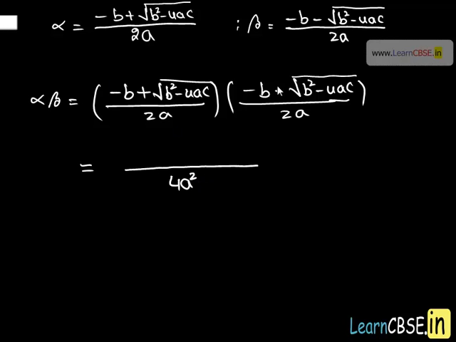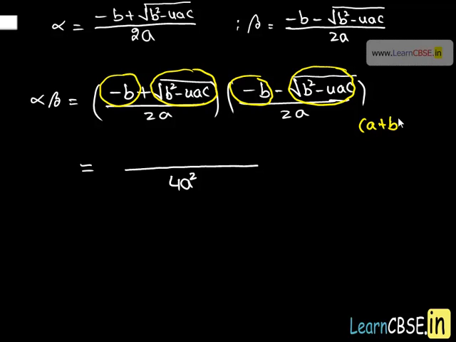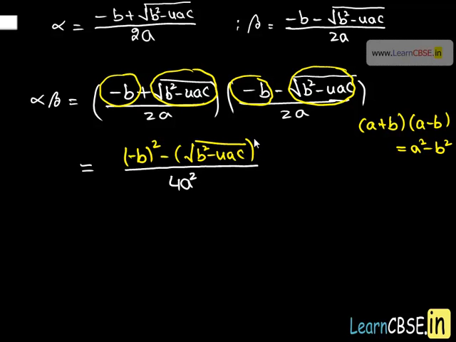If we look at the numerator, here negative b plus under root discriminant, here we have negative b minus under root discriminant. It is in the form of a plus b times a minus b, which is equal to a square minus b square, which is equal to negative b whole square minus under root b square minus 4ac whole square.